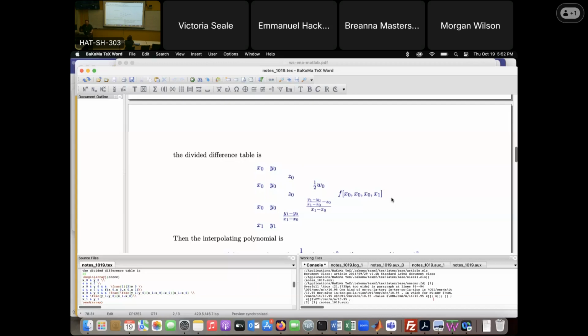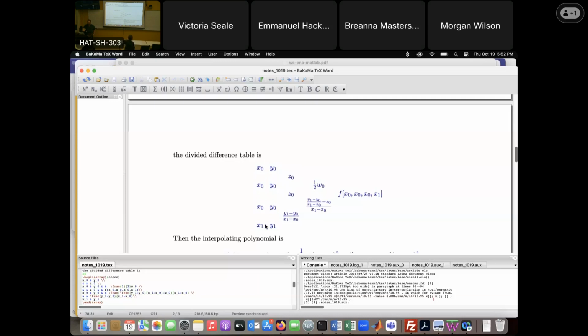So this is the case, like this example that we're doing. Your distinct x values are x0 and x1, but you have 3 conditions at x0 and only 1 condition at x1.